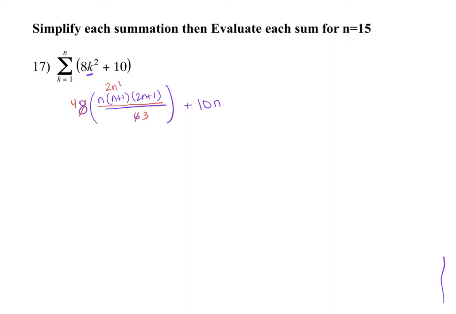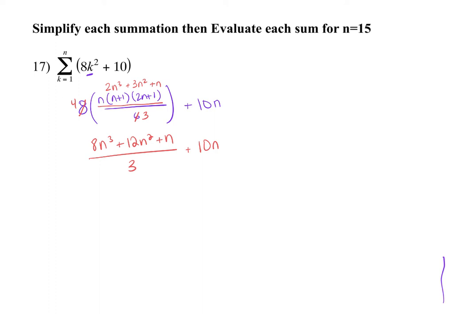So 2n cubed plus 3n squared plus n is what all of those multiply to, all right? And then you're gonna put that 4 through. So I have 8n cubed plus 12n squared plus n over 3. And then we also have plus 10n.